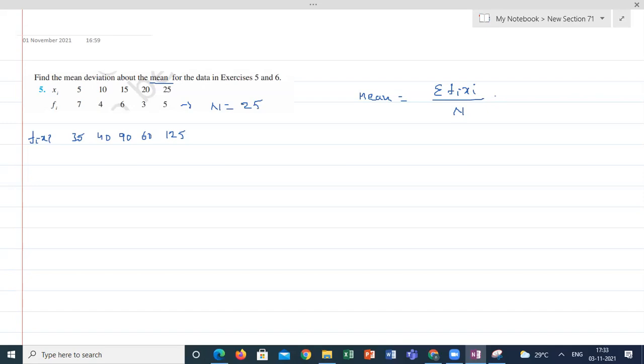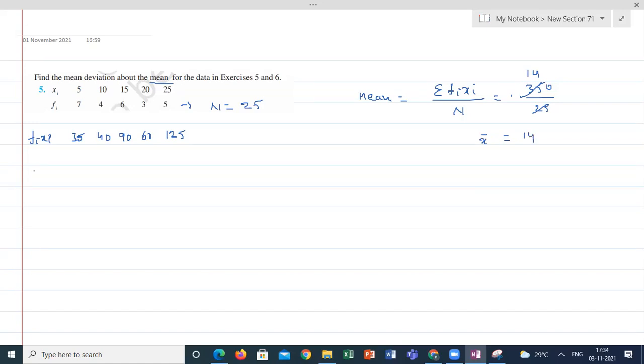So what is your mean? 35 plus 40 is 75, 165, 225, 250, 350 is the sum of the f_i x_i values. The total number of values is 25. So 350 by 25 is 14, the mean. So my x bar is 14.